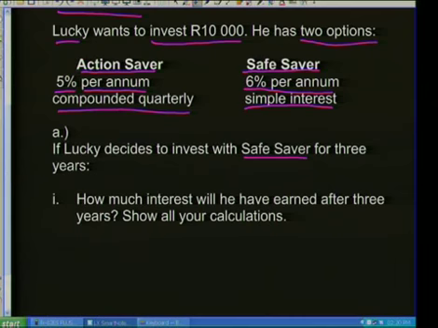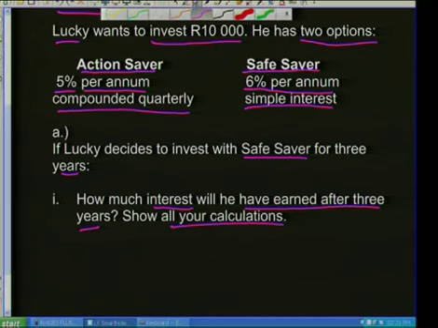It's really important to understand the difference between the two to make a decision as to which account is best for him. So Lucky decides to invest in a Safe Saver for 3 years. How much interest will he have earned after 3 years? Show all your calculations.